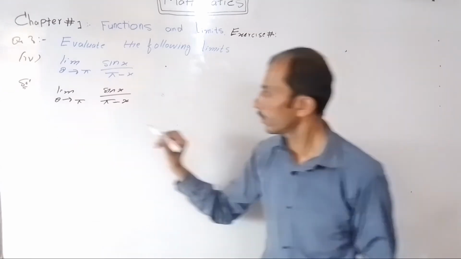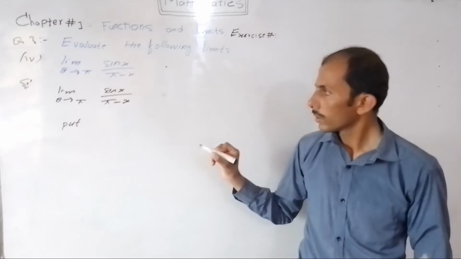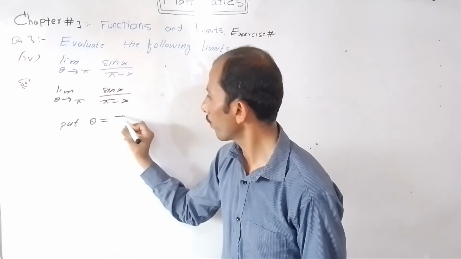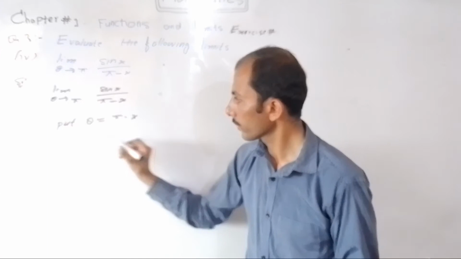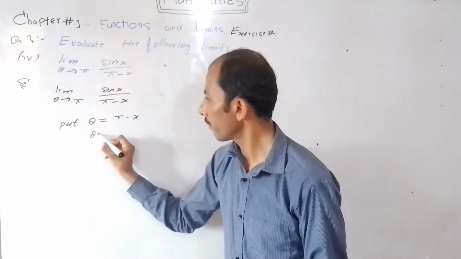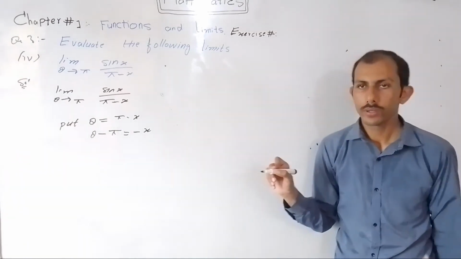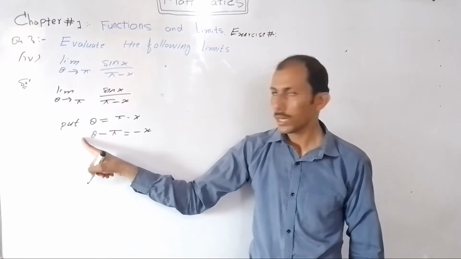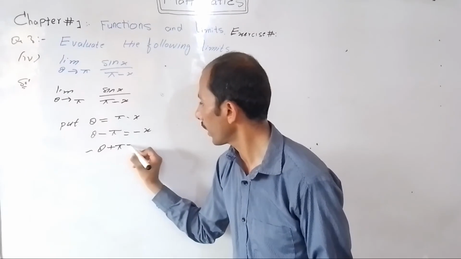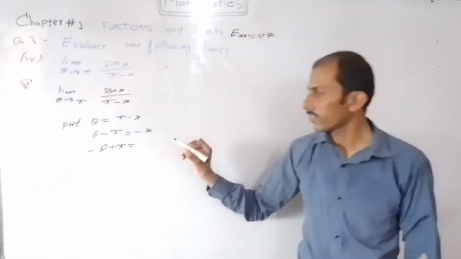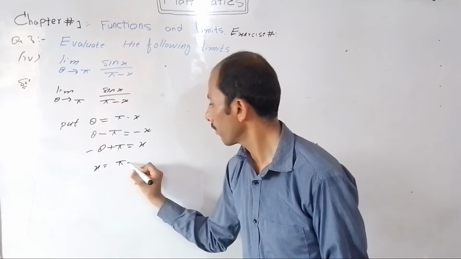If we put theta is equal to pi minus x, then theta minus pi is equal to minus x. Multiplying minus on both sides, we get x is equal to pi minus theta.